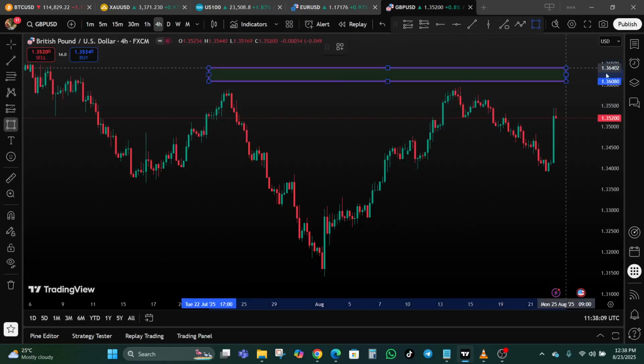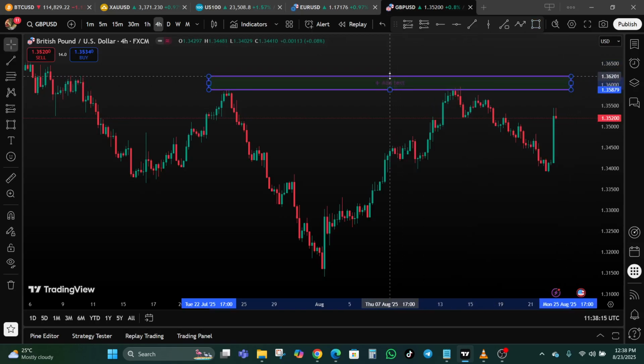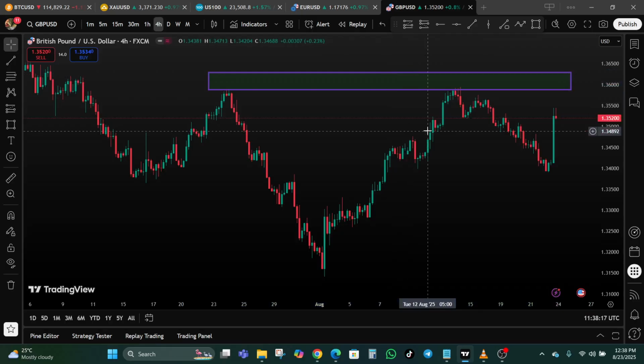Around a zone like this, we can see that we actually have liquidity. These areas act as magnets for price because big players in the market need that liquidity to fill their orders.